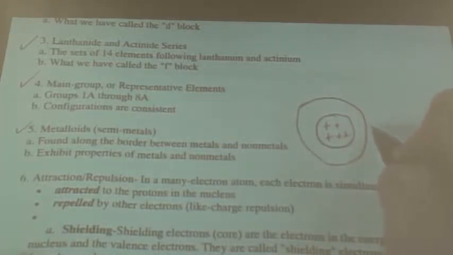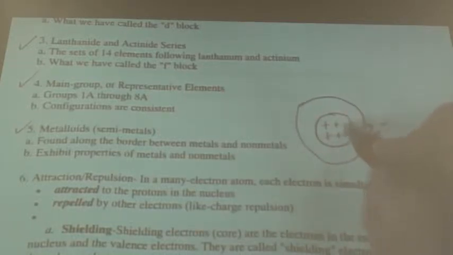The first energy level holds how many electrons? Two electrons. Two electrons in the same electron cloud. Why are they hanging together? What should they be doing? They are repelling each other, but they're very attracted to the nucleus, so they hang around because they really like that nucleus.